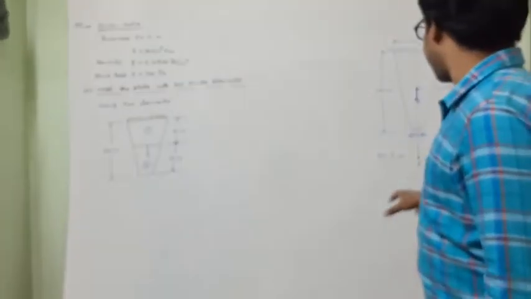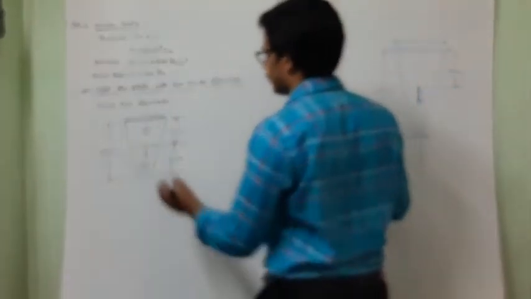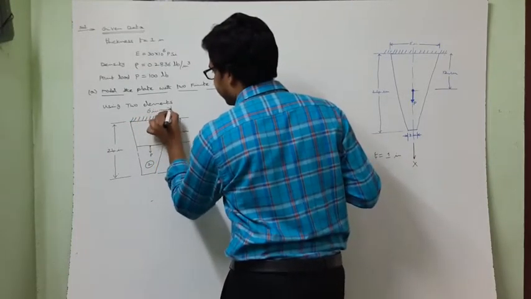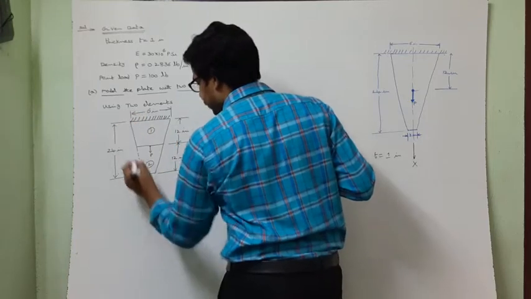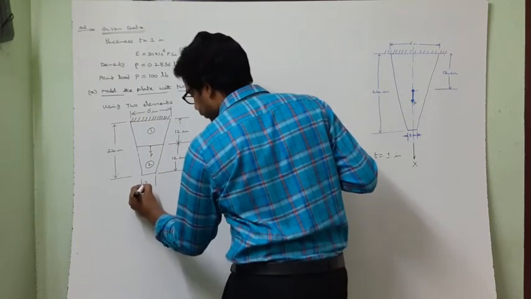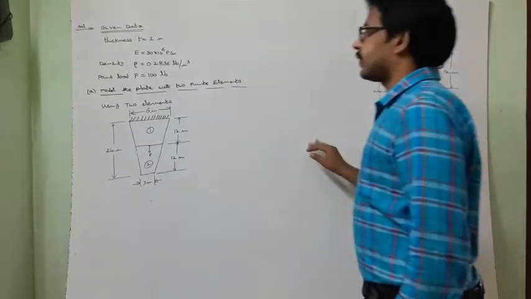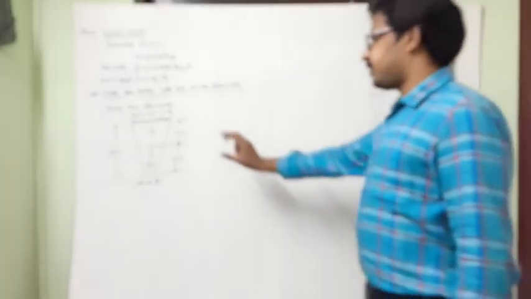So here this is the given problem with the thickness of 6 inch and 3 inch. This is the first element and this is the second element.